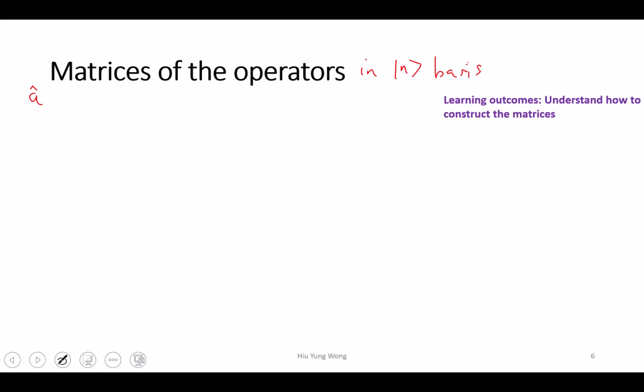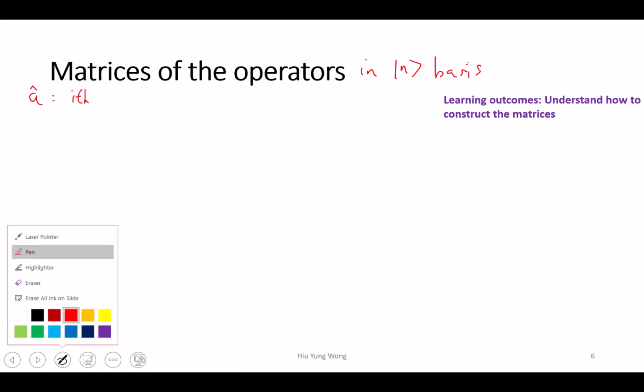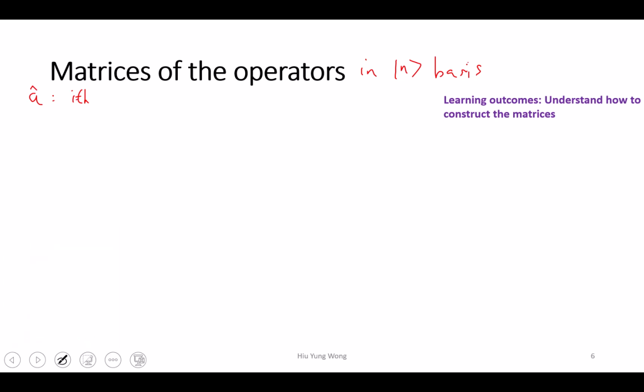The easiest way, it is not difficult to find out. The matrix form is just a sandwich. The ith row and jth column of a matrix, I think I did mention it earlier, but if you forgot or if I did not, how do you find it?